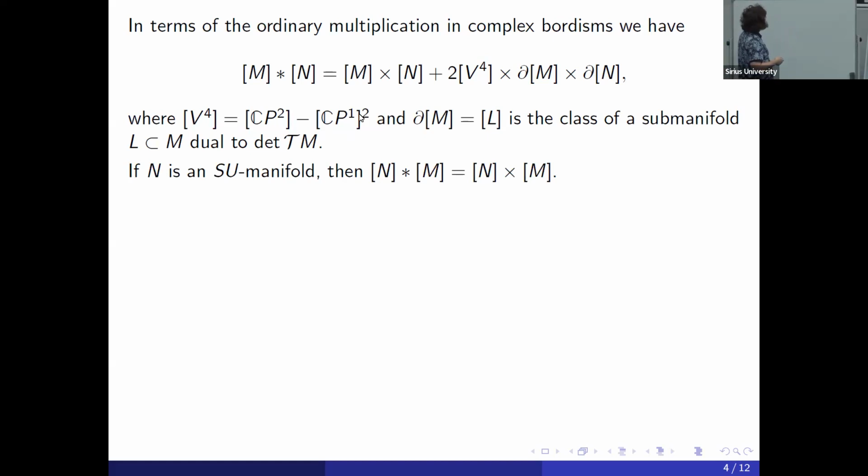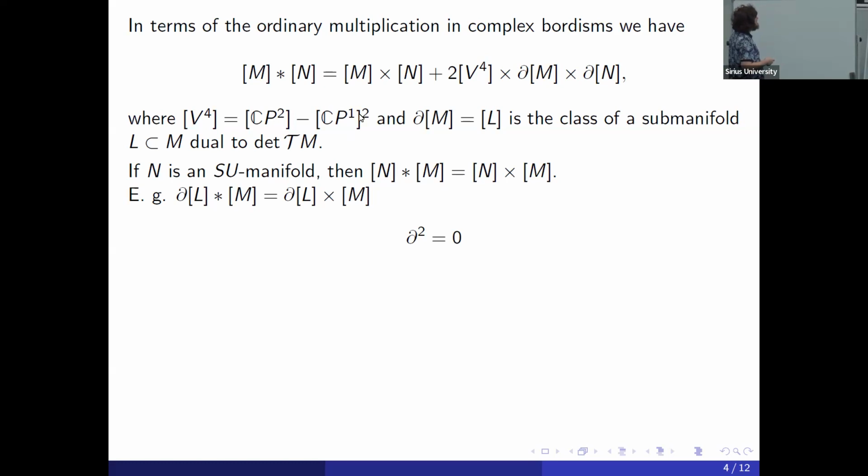For example, if N is already an SU manifold, then multiplication by N is just the direct product. The same holds when one of the manifolds is the image of this operation, because this dual manifold is of course an SU manifold. It has a trivial determinant.